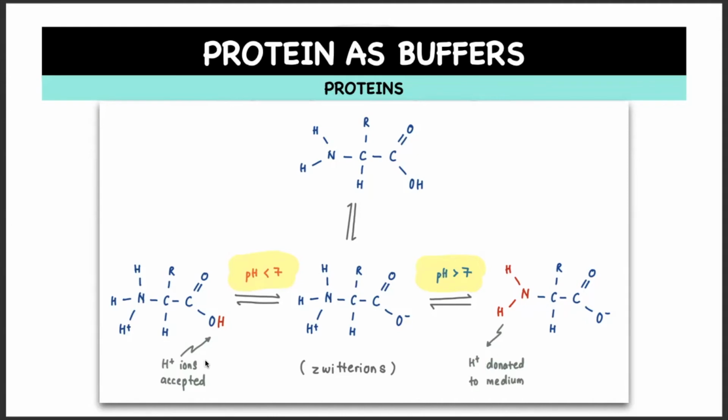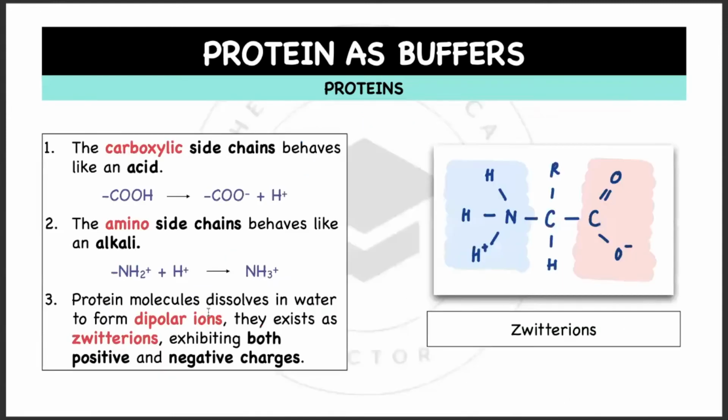So you notice that over here, right, it loses one proton. So now it becomes like this. It's donated to the medium. And what happens is when it loses its proton, it becomes uncharged. That's why I said I made a mistake here. It's not supposed to be plus. Please correct that if you follow with the notes. Okay.